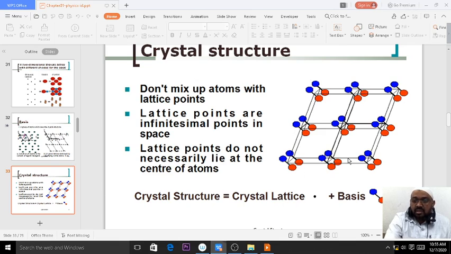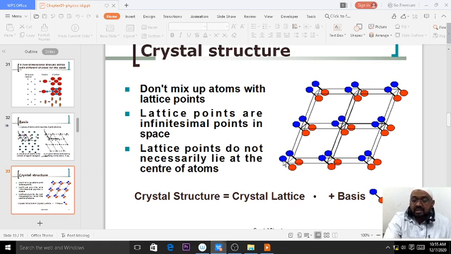This is only a simple structure of a particular face of the solid, which indicates how these lattice points are arranged. This is only a schematic diagram which shows how you can know the crystal structure at an imaginary level.